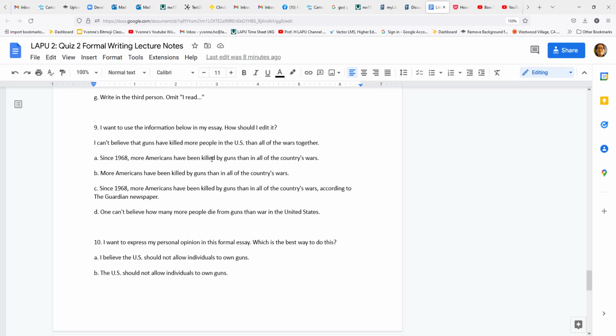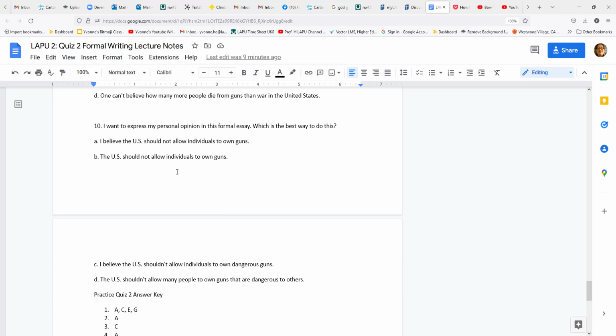In other words, A is wrong because it doesn't give a source. B is wrong because it doesn't give how many Americans were killed. And D is wrong because it's got a contraction there that's not written out. And so that makes C the best one because it has the date, it tells you the source, and it's in third person case. So that's number 9.